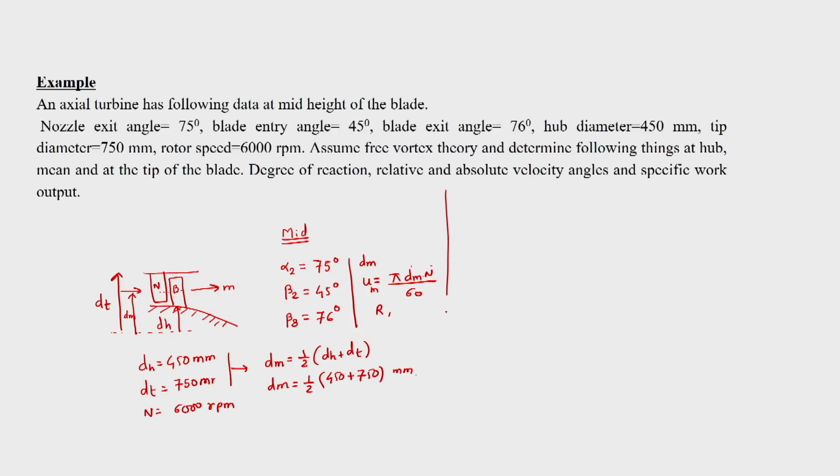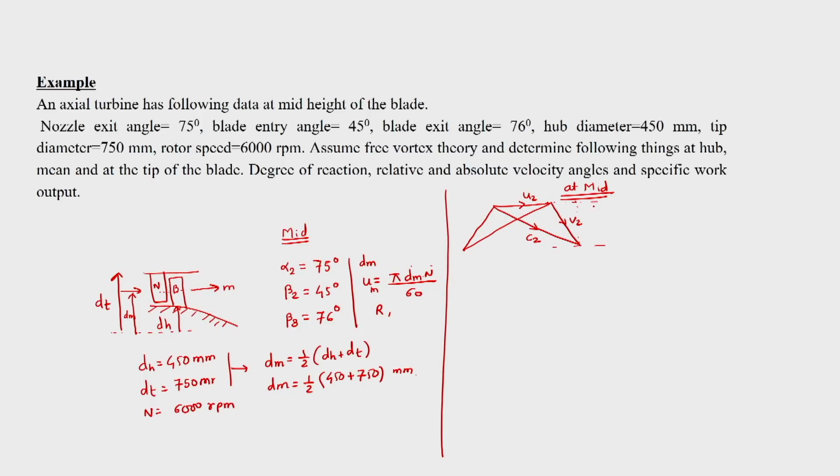Before that we should first draw the velocity triangle, and then I will describe how we are going to solve this example. For the axial gas turbine, we have seen that this will be our typical velocity triangle, where we have here C2, this is V2, this is U2, and we are drawing the velocity triangle at mid plane height.